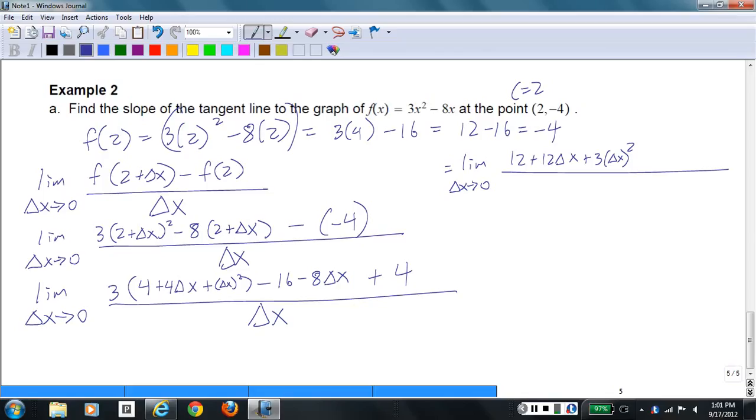I'll put it in place of where the 16 was. Say minus 12 minus 8 delta x all over delta x. Now, if we combine the 12 and the negative 12, of course, those add to 0, so those cancel.